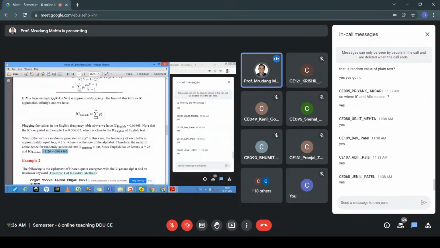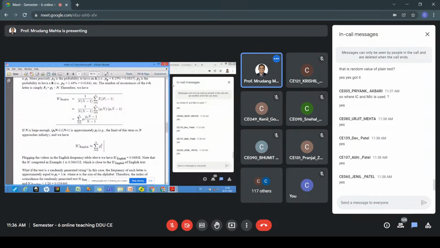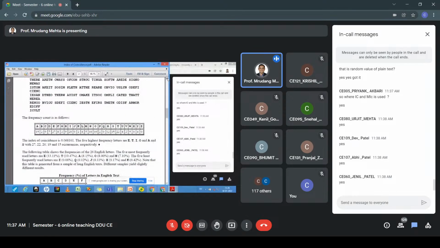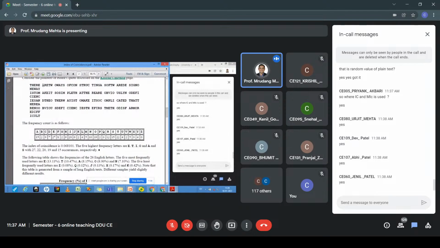What is the meaning? The meaning is that IC is random. If IC is random, then it is 0.038. But if it is English plain text, then it is 0.065. So in this example, we are applying this index of coincidence method to this particular text, which is actually a sentence of the English language.